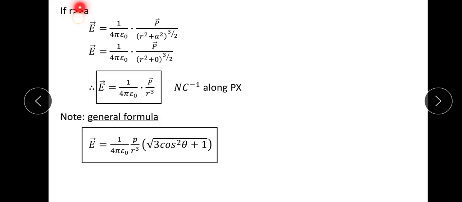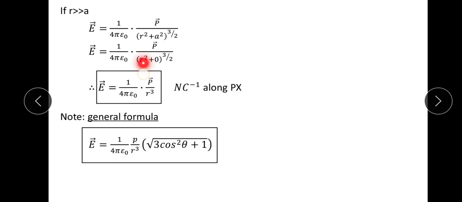Now if r is greater than a, the term a can be neglected. Therefore the equation becomes E is equal to 1 by 4 pi epsilon naught into p divided by r square plus, instead of a square we should write 0 here because we are neglecting the term a.